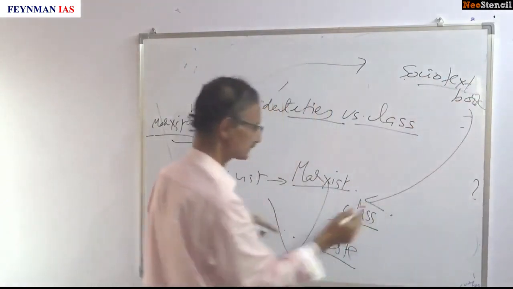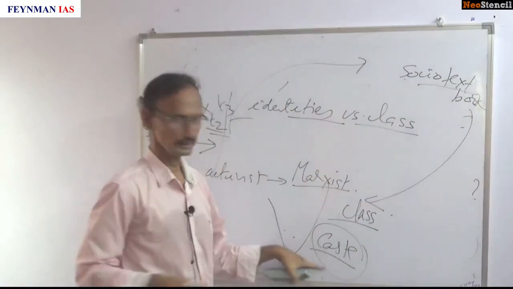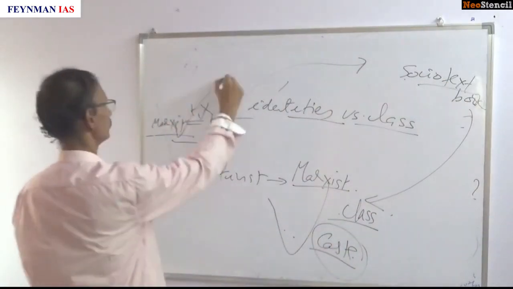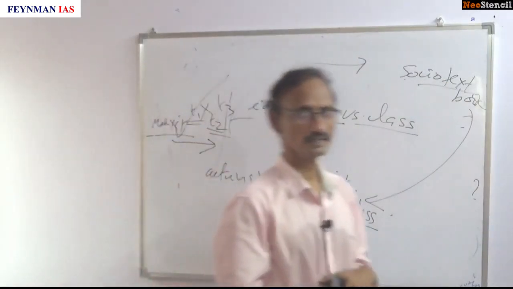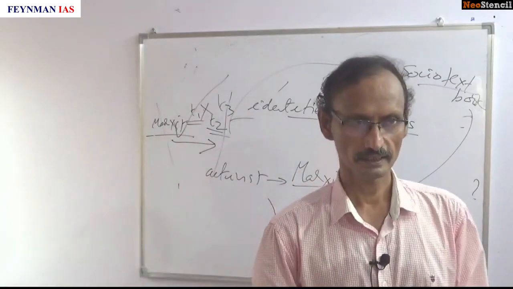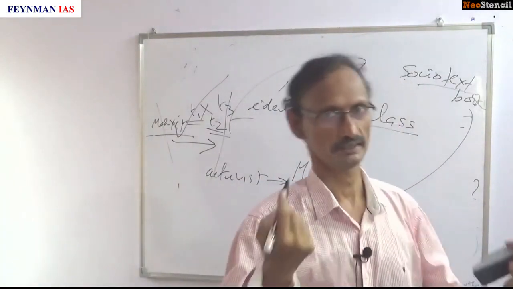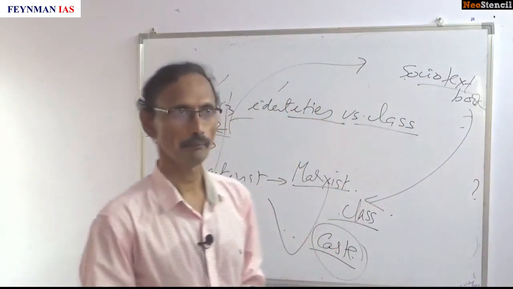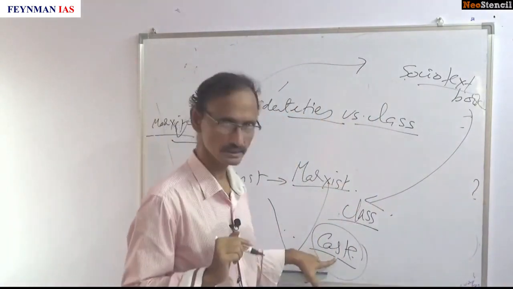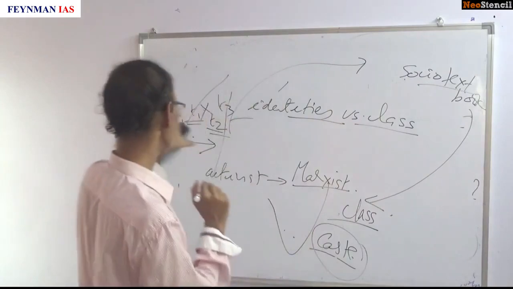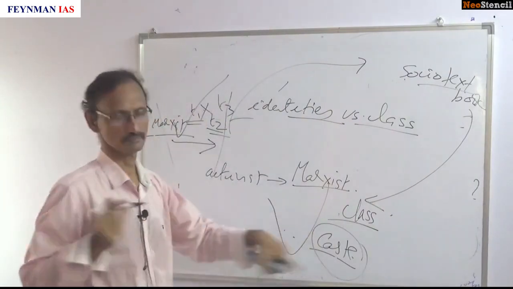And in India, caste here is nothing but ethnic identity. So caste versus class is an issue which interests neo-Marxists, though Marx hasn't said anything about caste, nor has the Latin American scholar.